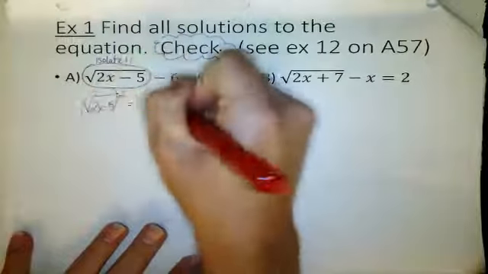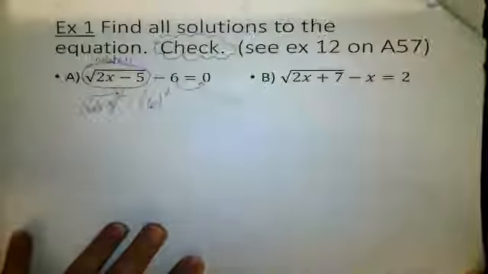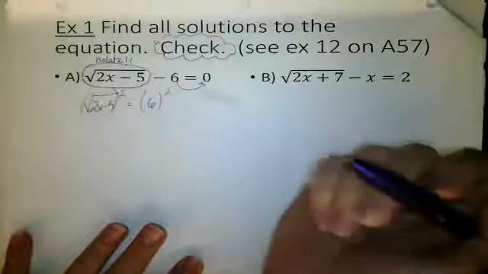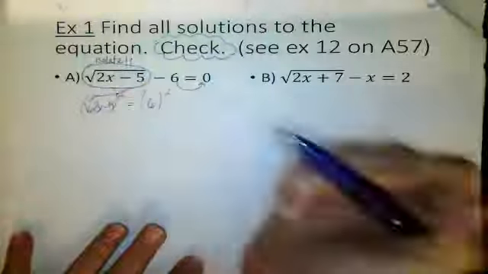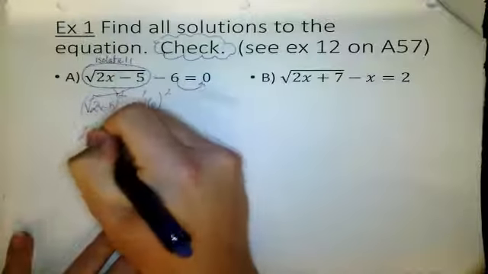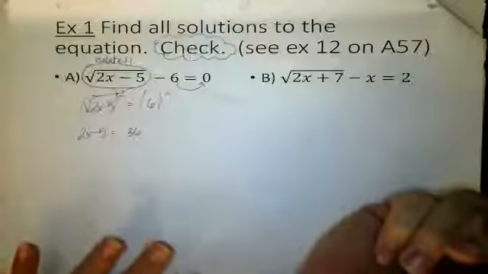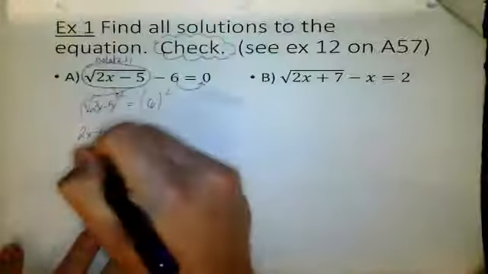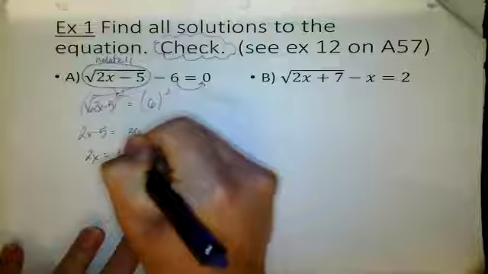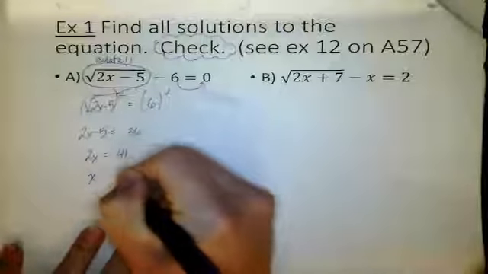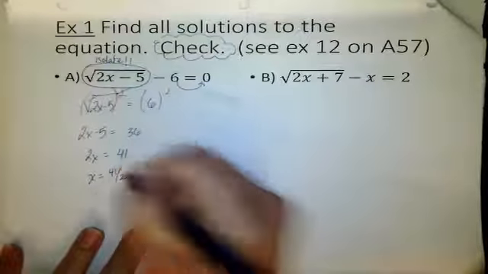Square both sides. We are allowed to do that because there is an equal sign, so we can square both sides. The square root and the square cancel out, leaving 2x minus 5 equals 36. And then we can do what? Add 5. So we get 2x equals 41, and divide by 2. So we get 41 over 2.